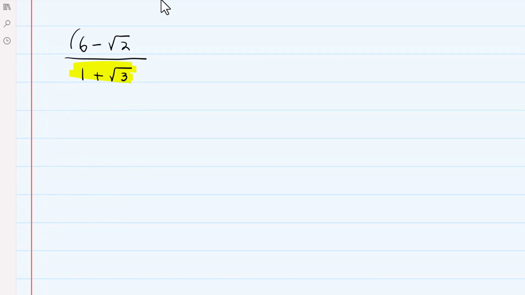Now we're going to go 1 degree more difficult. It's still going to be the same. I'm going to now put parentheses around the numerator and the denominator. We're still going to multiply. By the way, you only multiply by the conjugate of the denominator. It's the denominator that can't have a radical. So this is a plus sign, so this will get a subtract sign. And whatever we multiply the denominator by, you're also going to multiply the numerator.